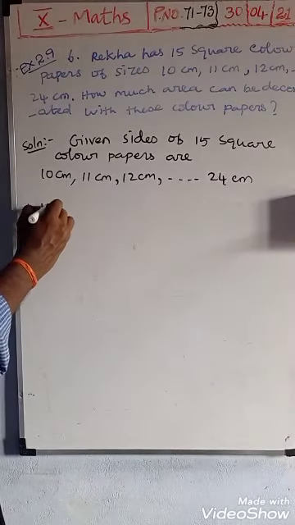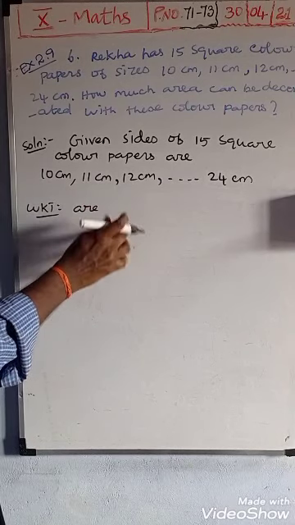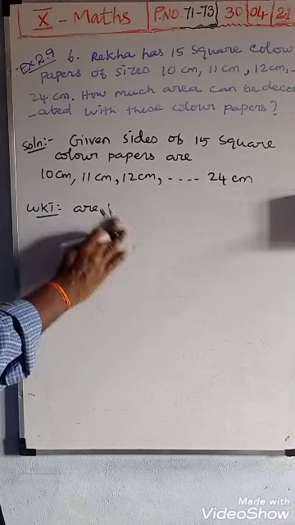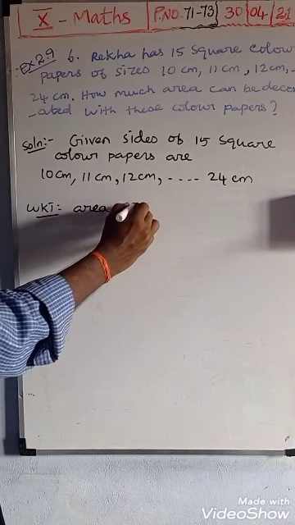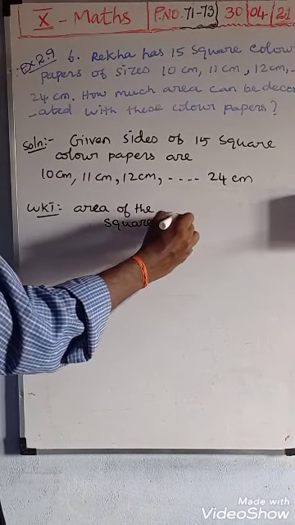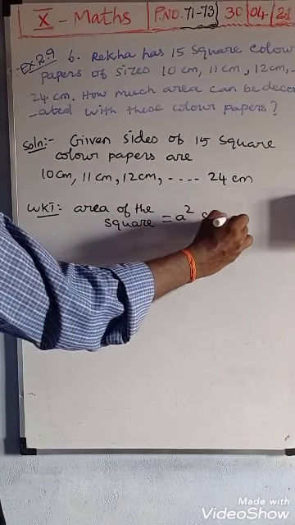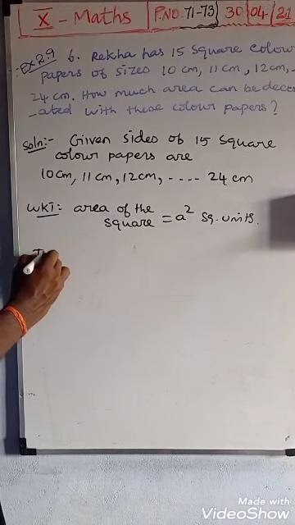So we know that the area of the square is equal to a squared square units. So we want to find the total area.